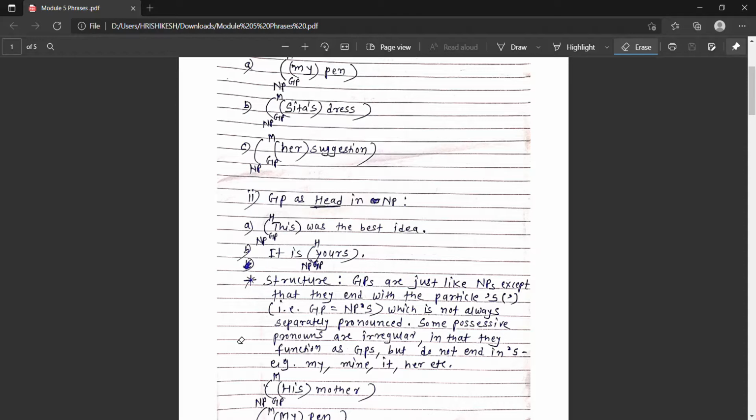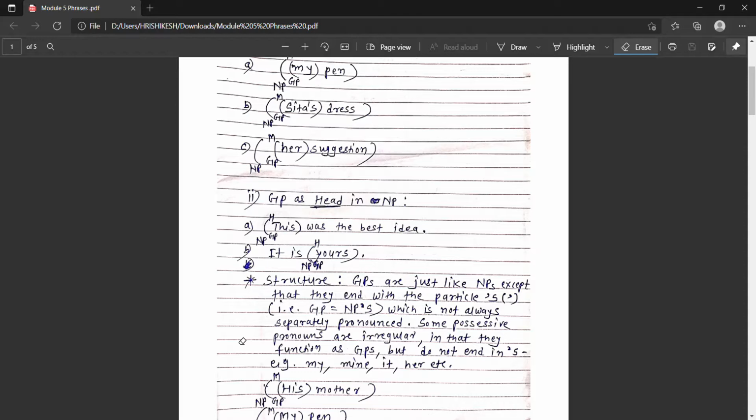When you talk about the structure of phrases, a very important word is the head. Without a head, there will not be any phrase. Modifiers are sometimes optional, sometimes they are obligatory. But what is 100% obligatory? The head is obligatory. So in the structure of the phrase, the head word is very important. So the second function of the genitive phrase is a head, in the noun phrase.